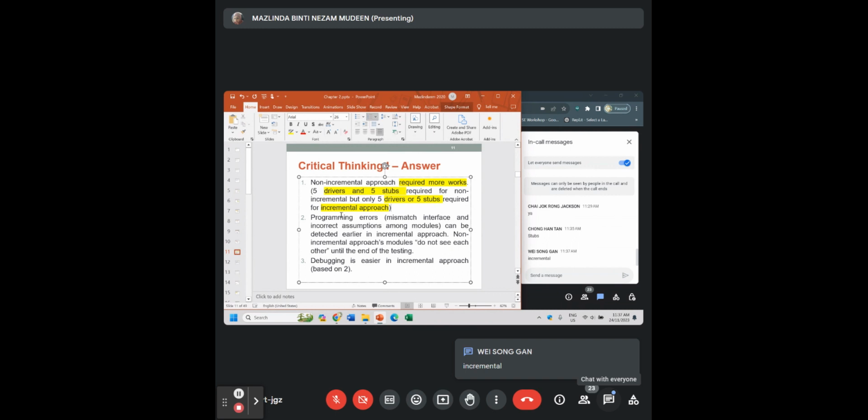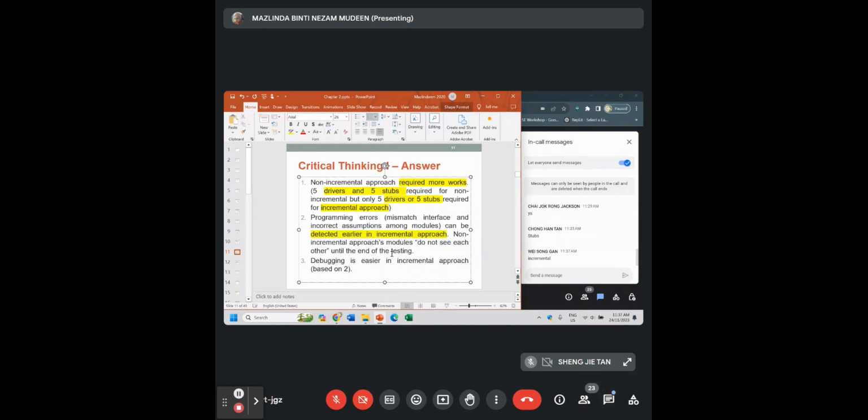Okay, so the second point, programming errors. For example, any mismatch of the interface or any incorrect things that happen during the integration of the modules can be detected earlier in the incremental approach.